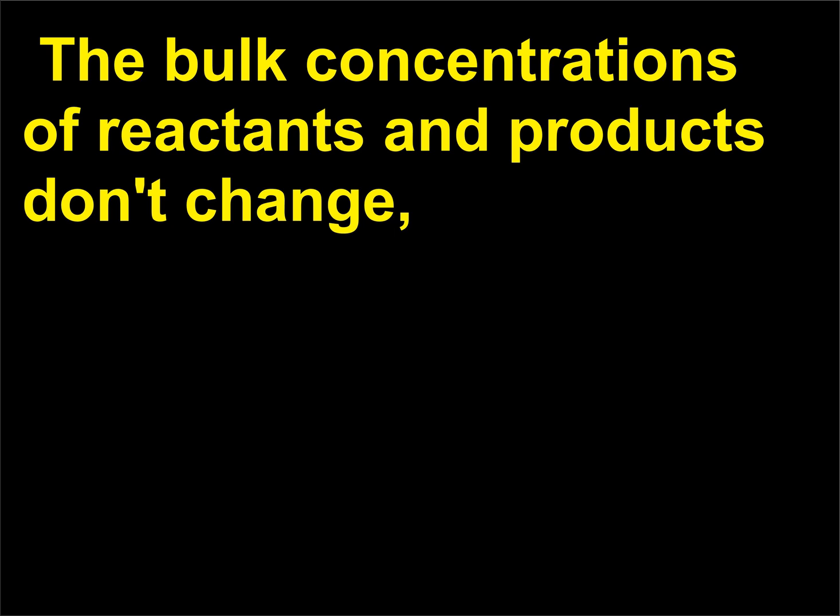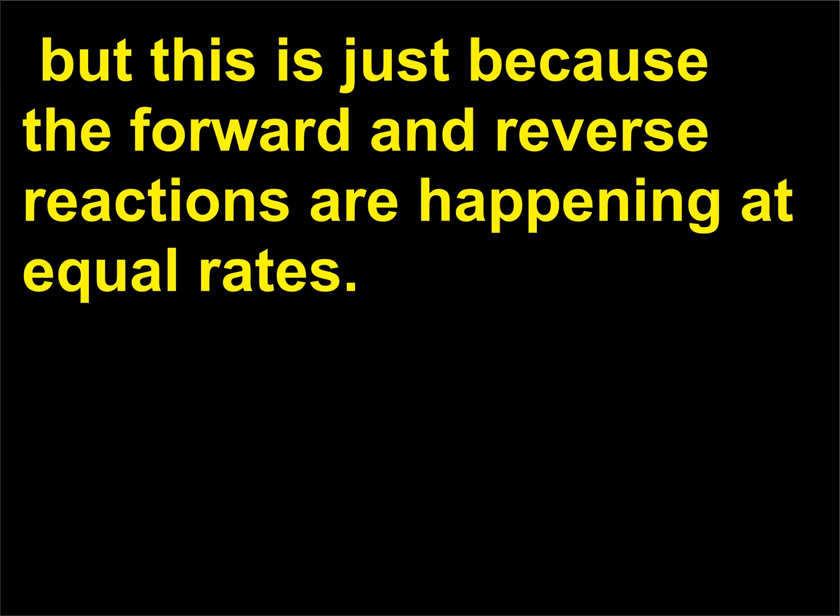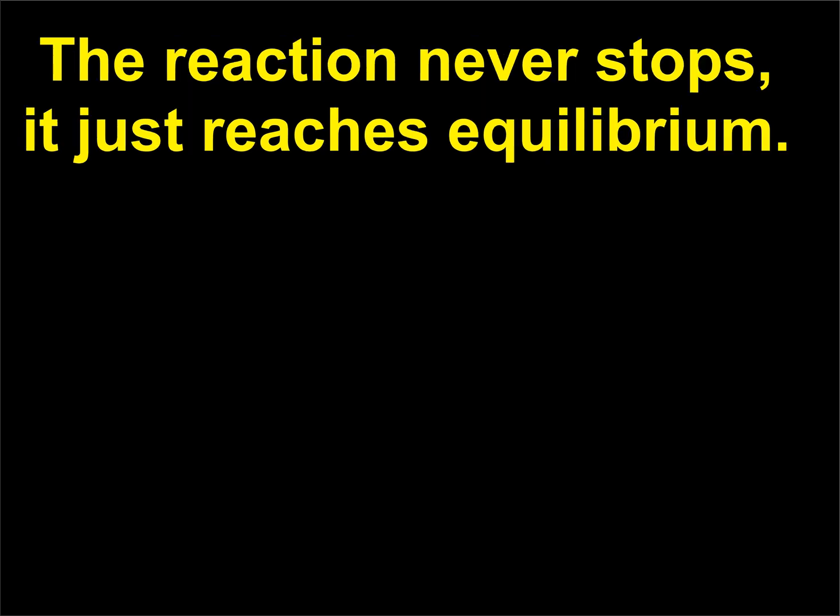The bulk concentrations of reactants and products don't change. But this is just because the forward and reverse reactions are happening at equal rates. The reaction never stops, it just reaches equilibrium.